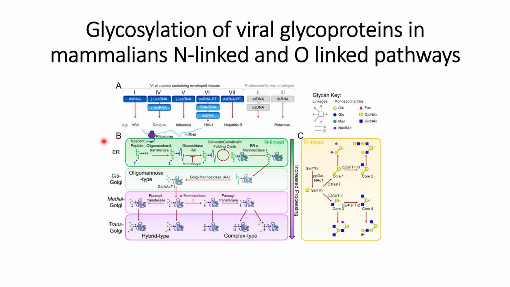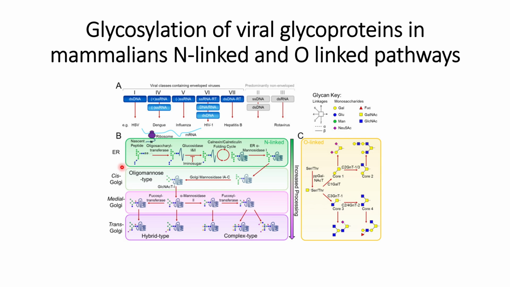So let us start with panel B, and first we will start with the N-linked pathway, on the left hand side. The N-linked pathway starts in the endoplasmic reticulum, as we have seen in many of our previous videos.